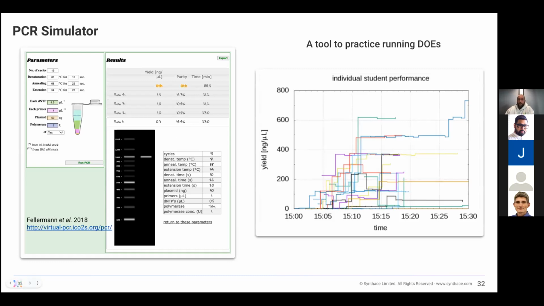The creators of the tool highlight how navigating even this relatively simple experimental space using intuition alone can be very challenging. This is the performance over time of different students trying to maximize the yield of the PCR reaction and shows their varying levels of success.